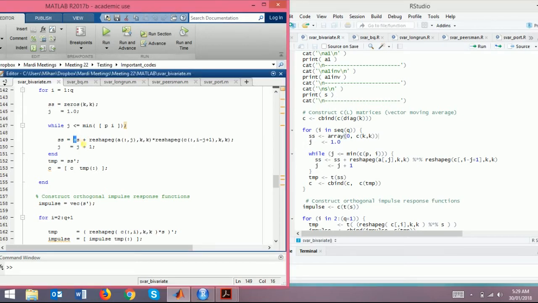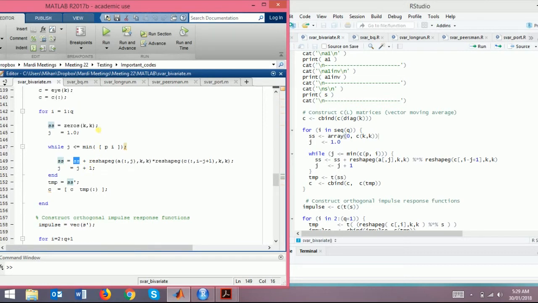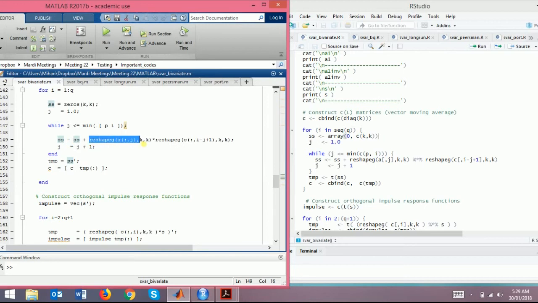SS is equal to first SS, which is a 2 by 2 zeros, plus reshaping. Now we are reshaping A to be 2 by 2. J is equal to all rows, J columns. For just 1 we are taking, and then we're taking C.